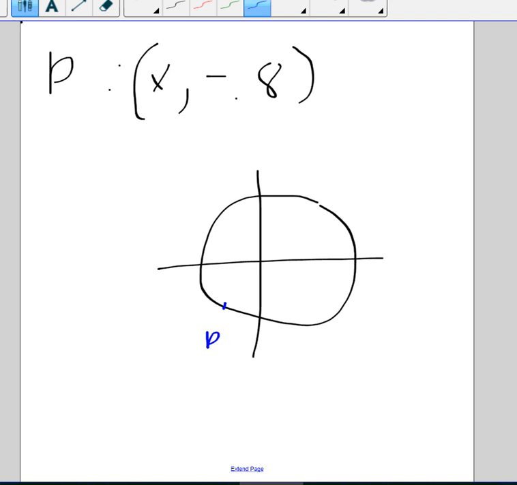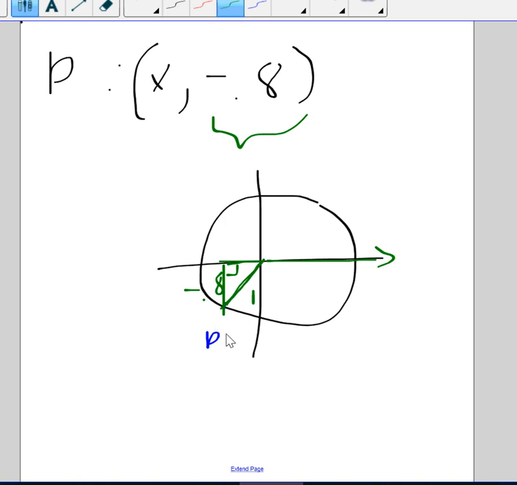So what we're going to do to solve this is let's draw the line. Here's angle P, and we're just going to draw from angle P to the closest x-axis and form that right triangle, which, since we're on the unit circle, we know has a hypotenuse of 1, and we already know that the y-coordinate is negative 0.8, which means that the length of that side going down like this is 0.8.